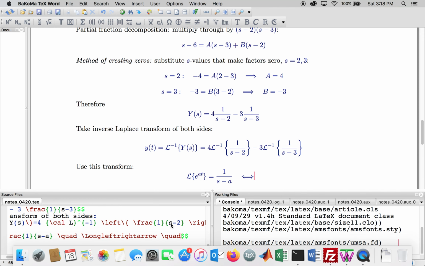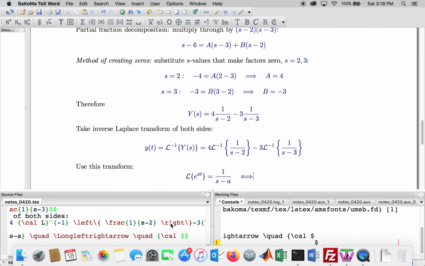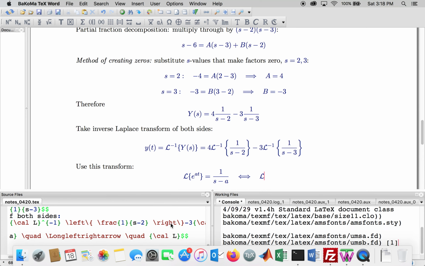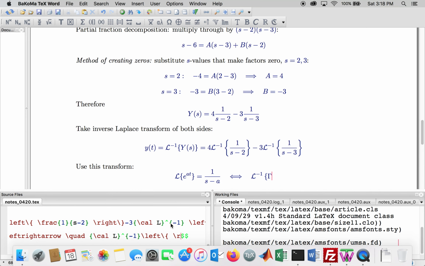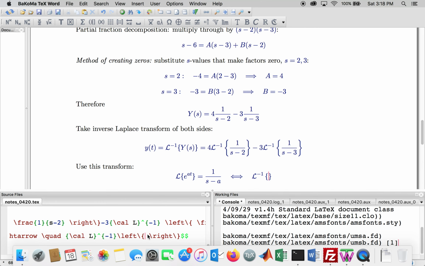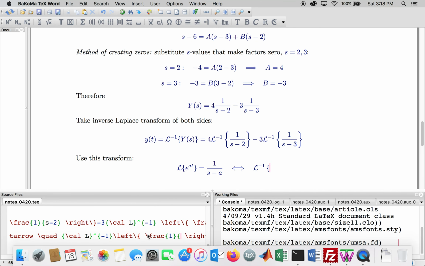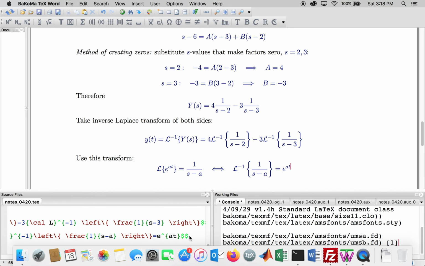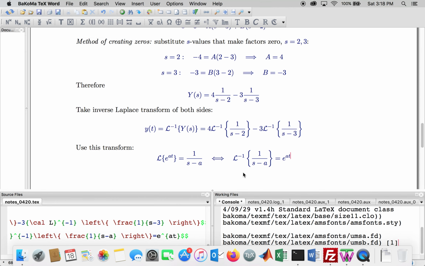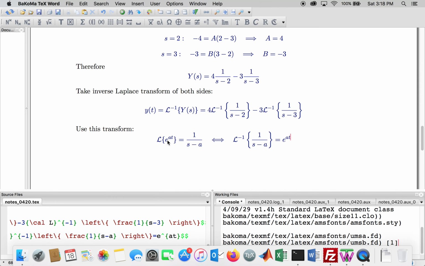That is equivalent to saying that the inverse transform of 1 over s minus a is e to the at. So the door swings both ways. So any function you know how to transform, you automatically know some inverse transform. In this case, this one.